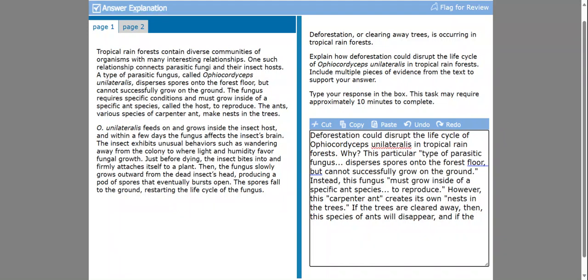So, however, this carpenter ant creates its own nests in the trees. If the trees are cleared away, then this species of ants will disappear.